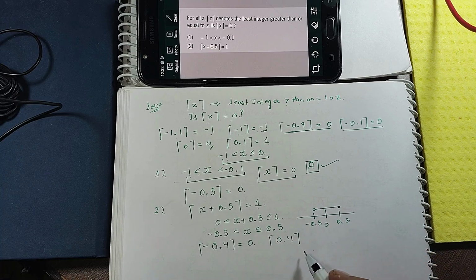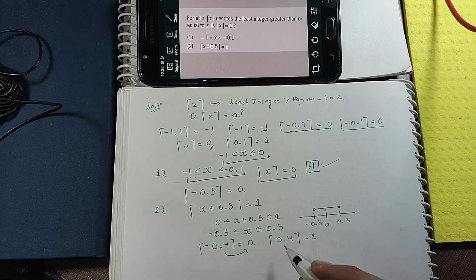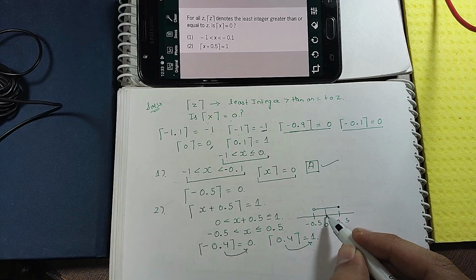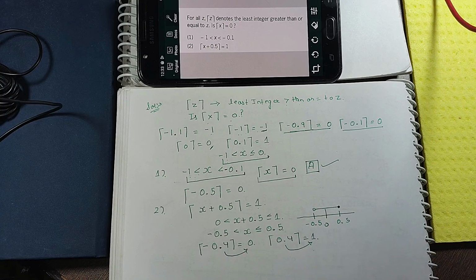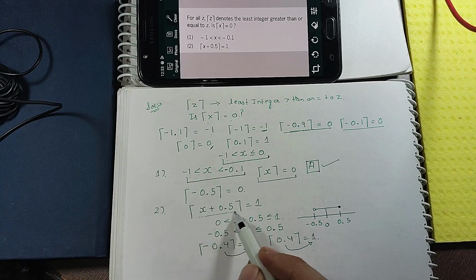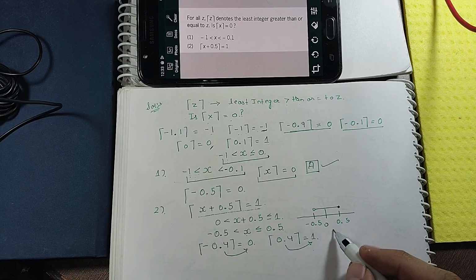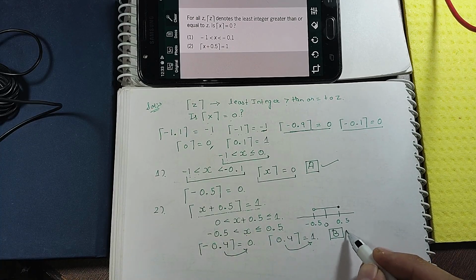Now for this the greatest integer will be 1. So I'm getting the answer as 0 or 1, so we can't determine the value of x and can't definitely say whether it is equal to 0 or 1. Since we have found the range for x, we will say that statement 2 is not sufficient to answer my question.